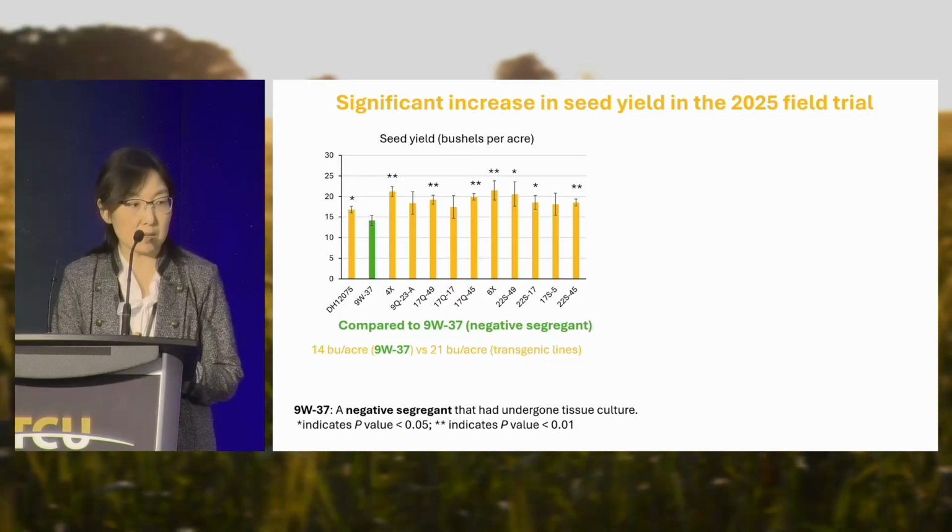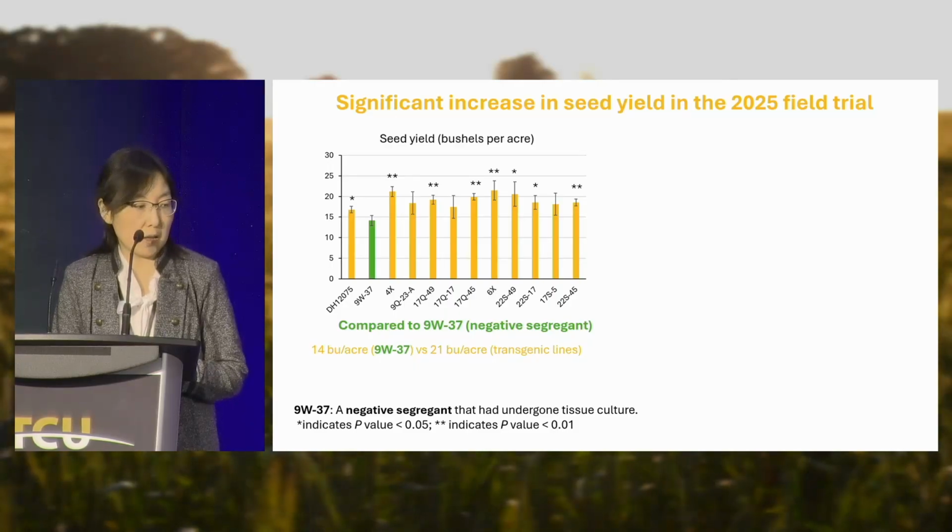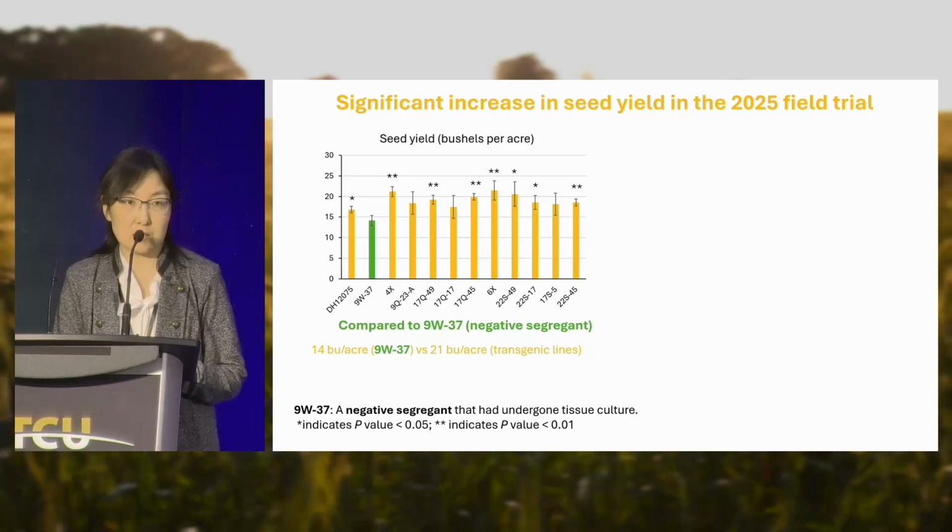As you can see in this graph, the green bar indicates the negative segregant. It is slightly lower than the wild type DH1275.